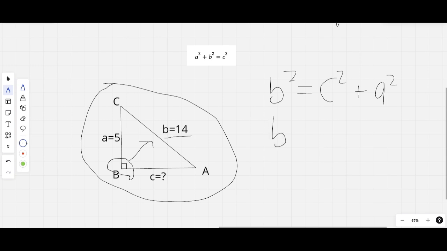So it'll be b squared minus a squared equals c squared, utilizing opposite operations, of course. Minus a squared over here. And then let's square root both sides to be able to isolate for c.